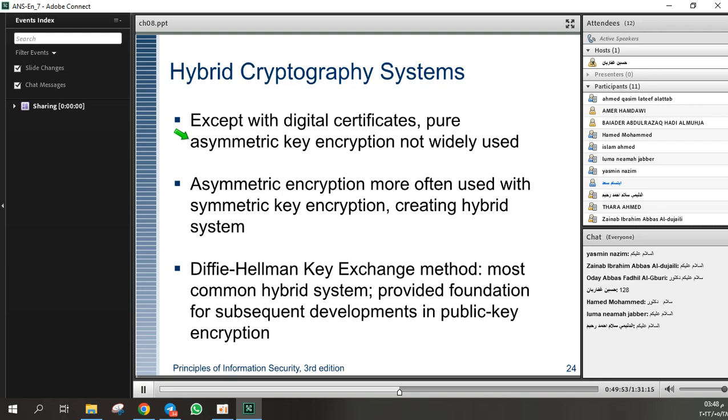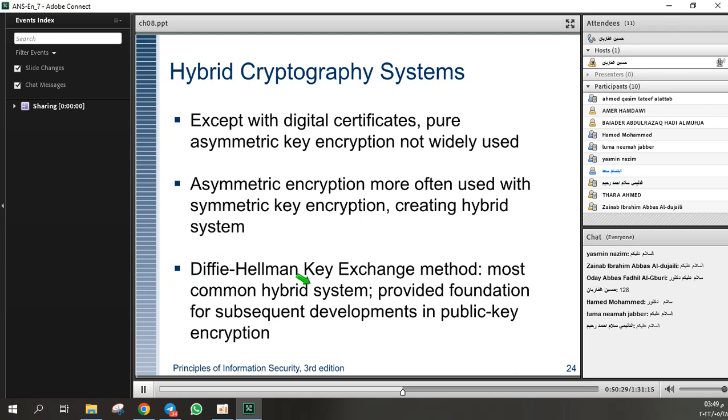And after that exchange, both sides have a similar key, so they can start to use symmetric encryption methods to continue the rest of their communications. One of the most advanced and most widely used methods in this case, as a hybrid method, is the Diffie-Hellman key exchange method.